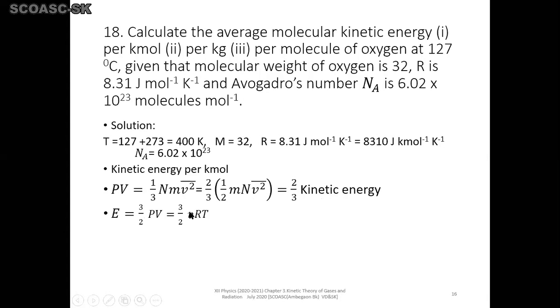So n is the number of moles, right? If I make the value of n as 1, I will get the kinetic energy per mole. So what is the formula for it? 3RT by 2, right? So this is the expression, and you put in the values and you are going to get the kinetic energy per kilomole.